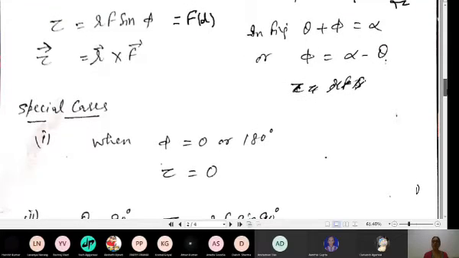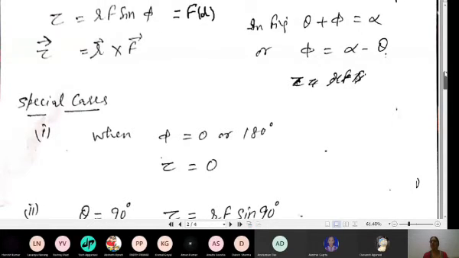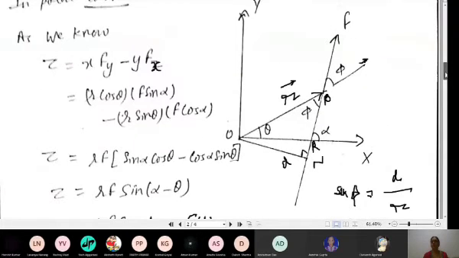So direction finding is by the right hand thumb rule. And of course, special cases you can see if phi is 0 or 180 at this angle. This diagram has to be clear with you. If this phi is 0, it means my force is acting along this direction only.